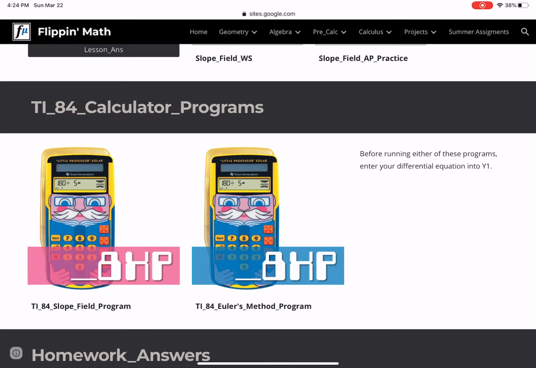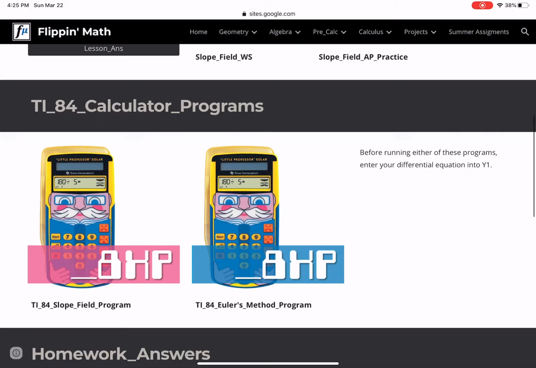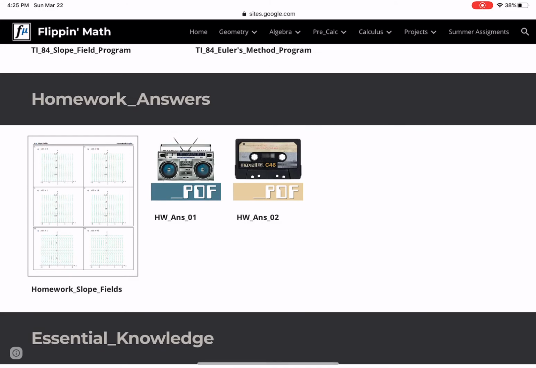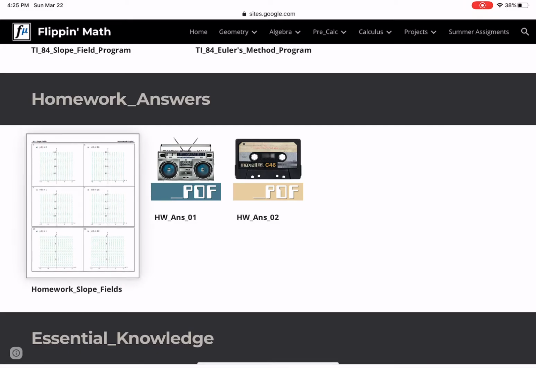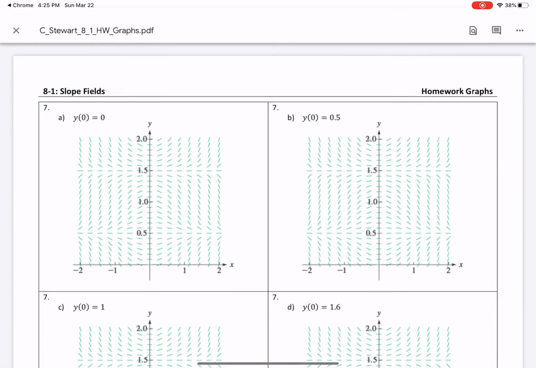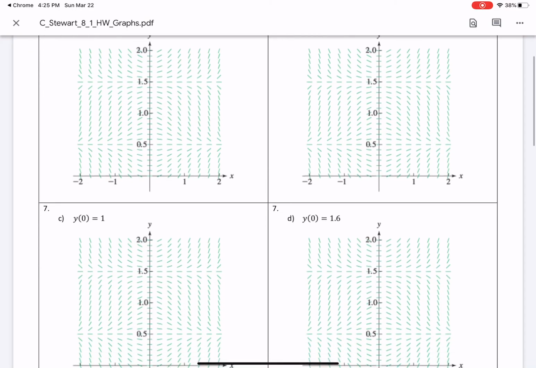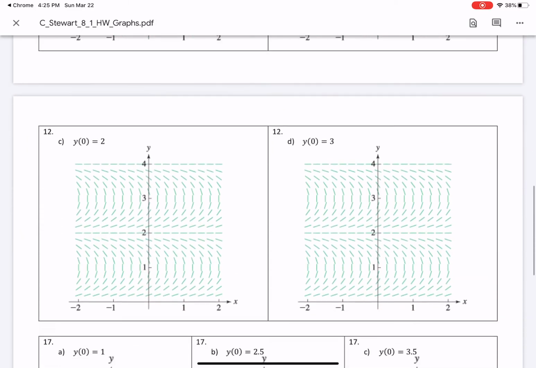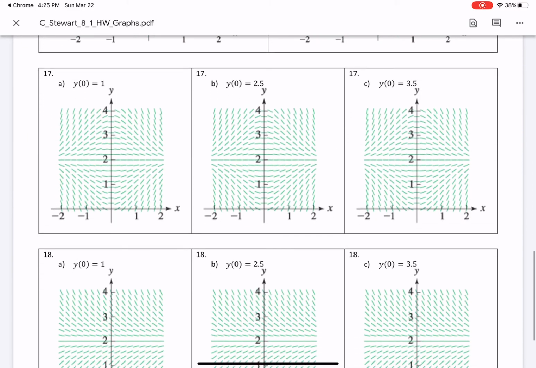One's on slope fields and one's on Euler's method. Then you scroll down just a little bit more, and here's another worksheet that you should probably print out, again, if you have access to a printer, and that's this slope fields homework sheet. It just has a nice printout of these slope fields. This is what they look like. That's going to help you draw some of your homework questions, okay?